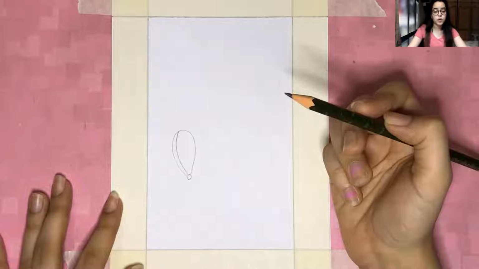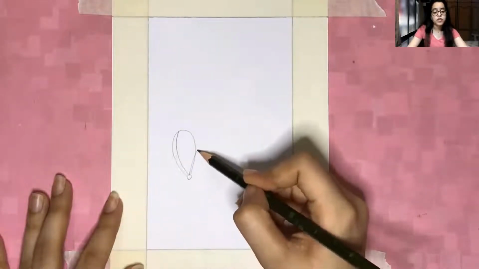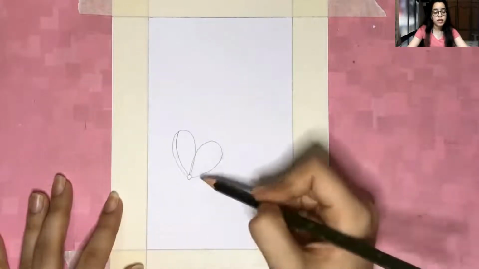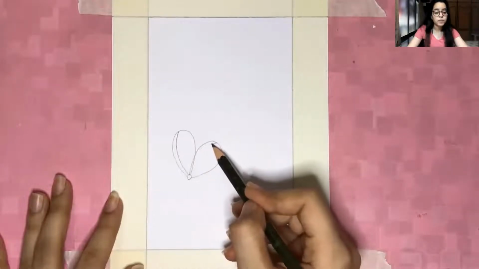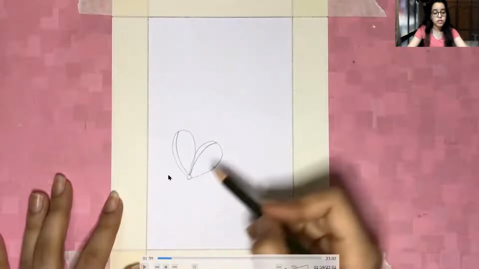Just next to it, I'm going to again first draw a petal shape, and then we'll draw a line which is again parallel to the outer petal curve. So did you see that? I just drew this petal shape, and then I gave another curved line which is parallel to the outer petal curve.